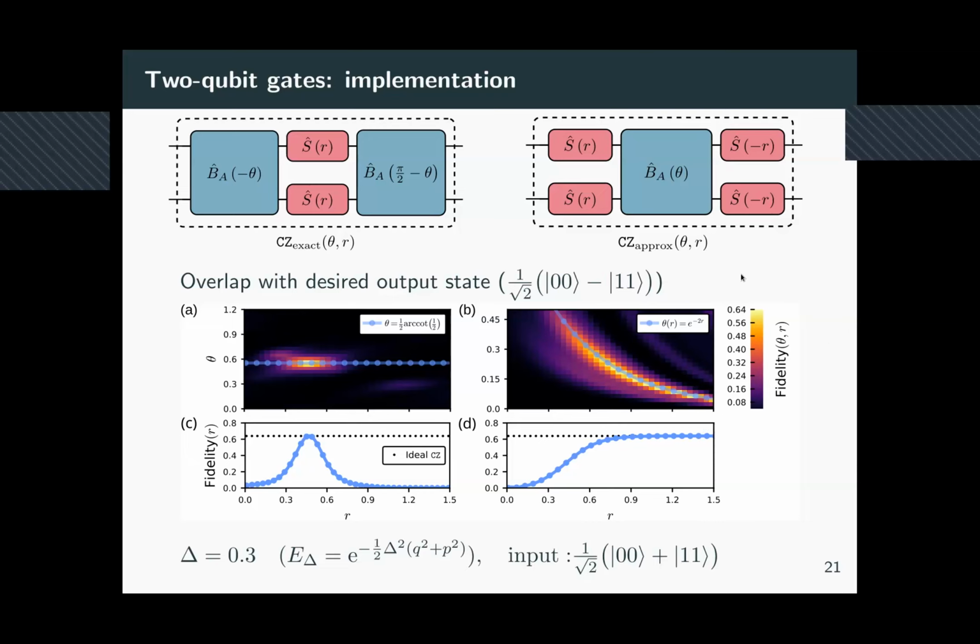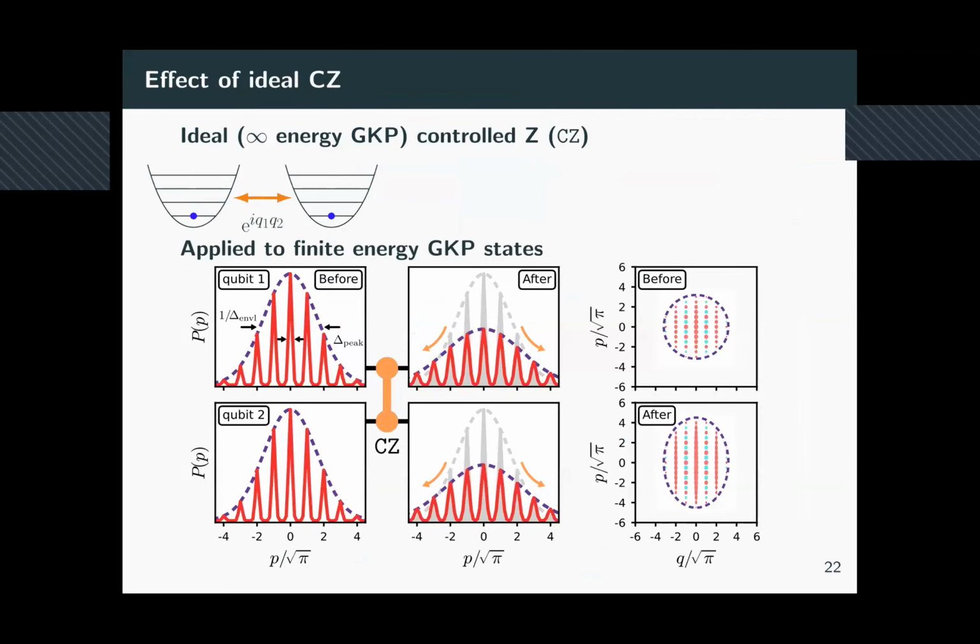And you might notice that the fidelity here doesn't go all the way to 1, but that's actually expected even for a very large energy GKP state, because there is a broadening effect that you can think of as essentially, as you do this, let's say, displacement along P of one of the oscillators will depend on the Q state of the other one.